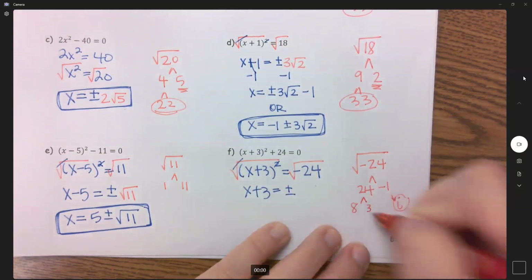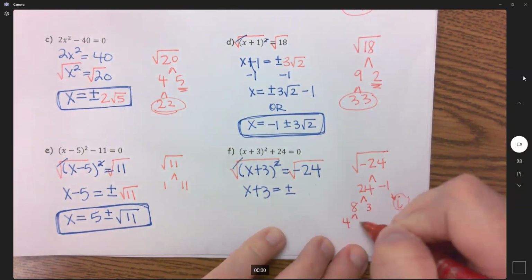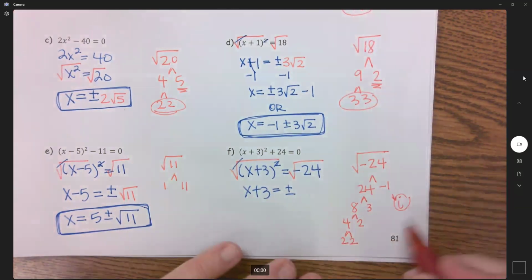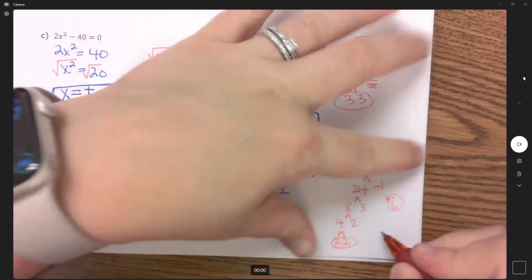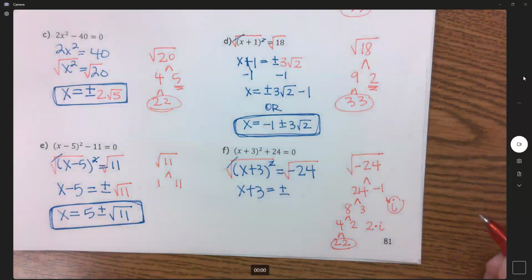This is 8 and 3, which is 4 and 2, which is 2 and 2. So I have a pair of 2's, and I have this i. So this is 2 times i on the outside.